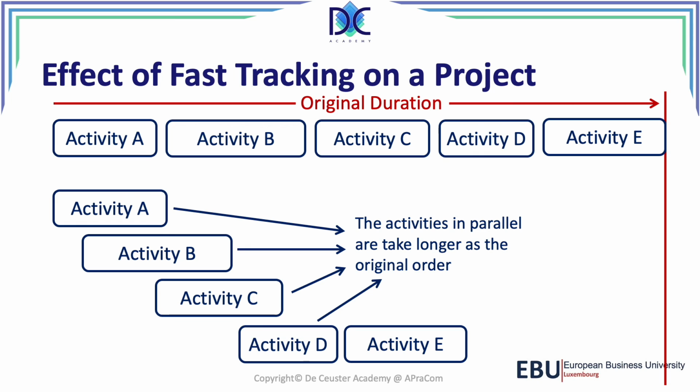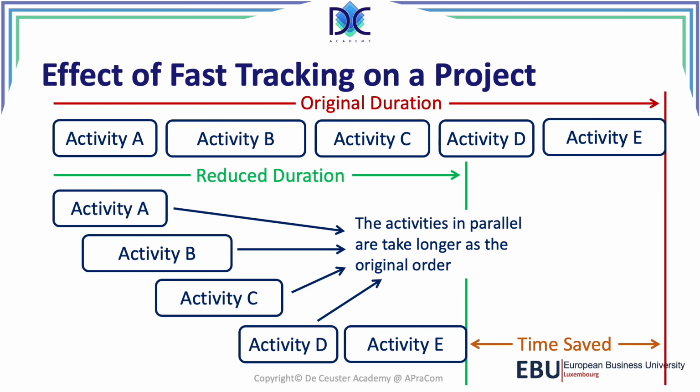It's still the finish to start relationship. And what we see is now the green line, where we have a reduced duration and we have the time saved on the project. And that is what we have to evaluate: what are the effects, to see if the fast tracking that we did is really helping our project, yes or no.